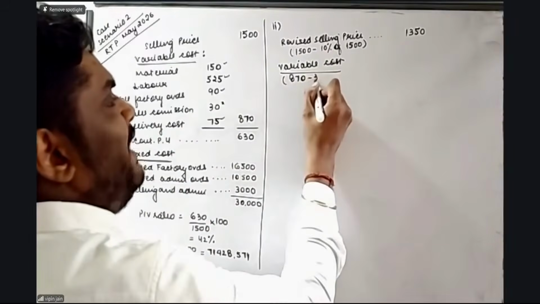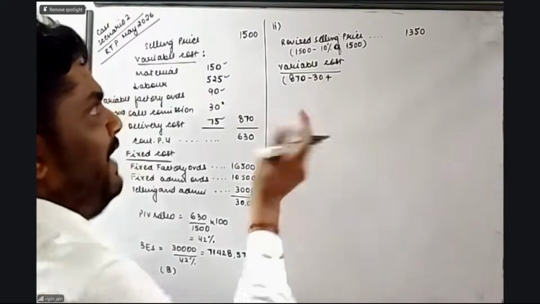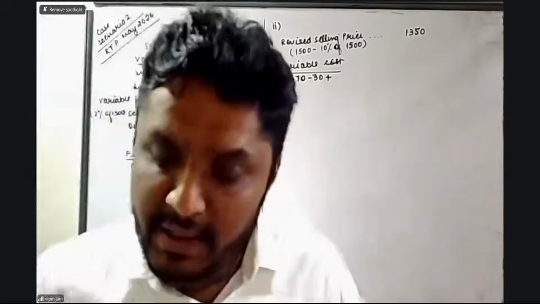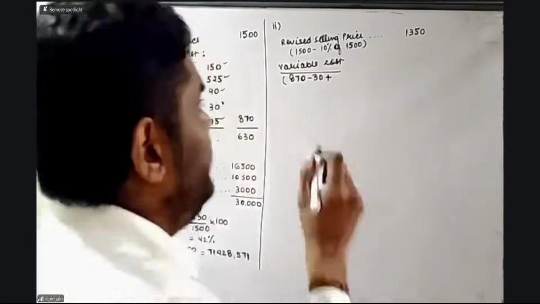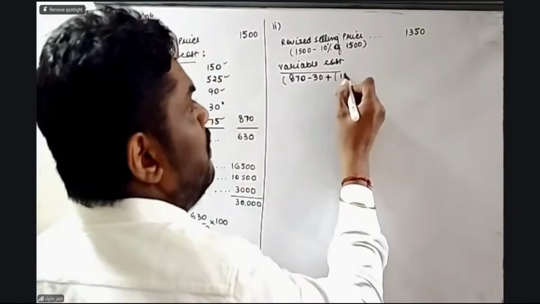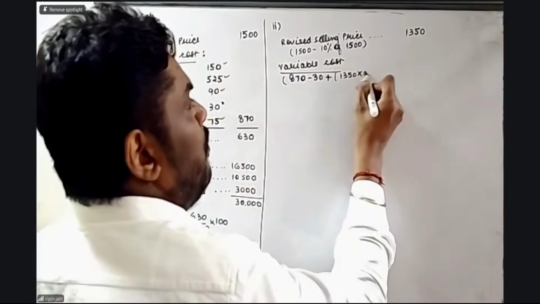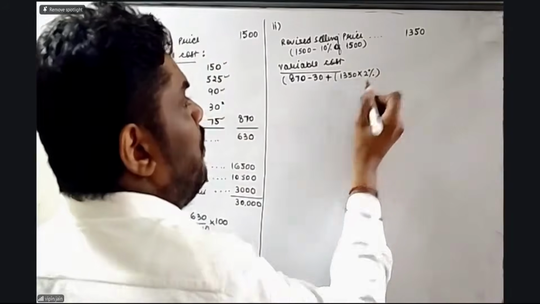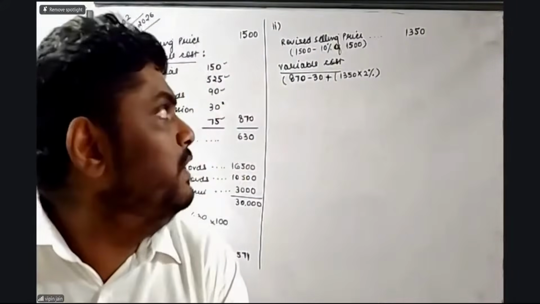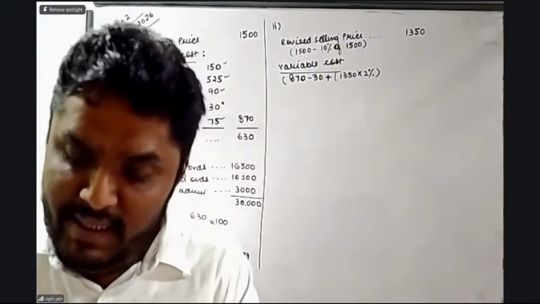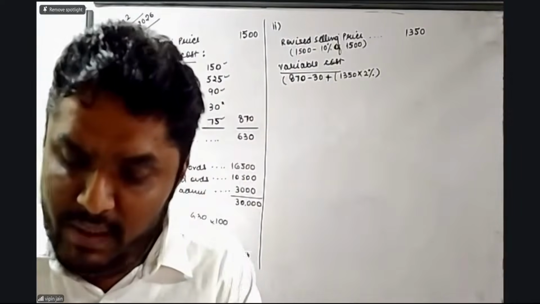We will subtract 30 rupees and we will add 1350 into 2%, that is 27. So my new variable cost will be 870 minus 30 plus 27.